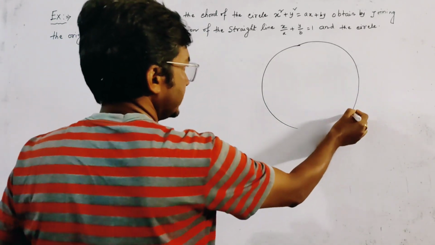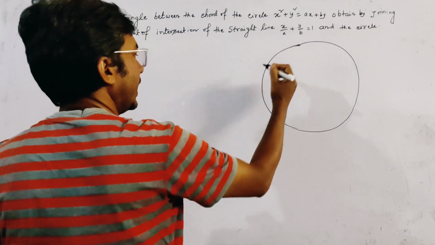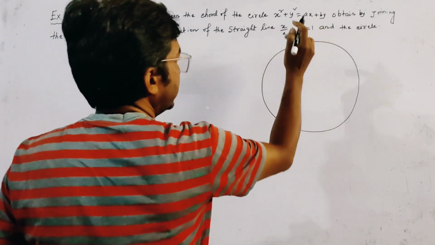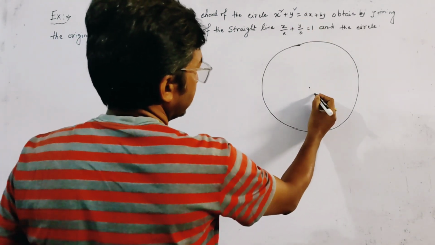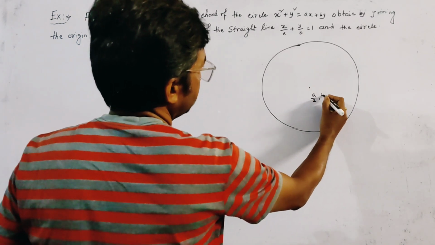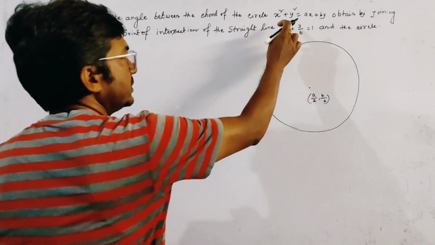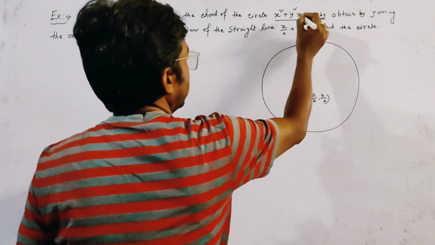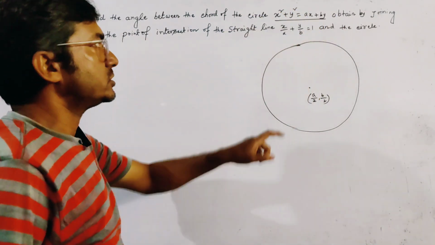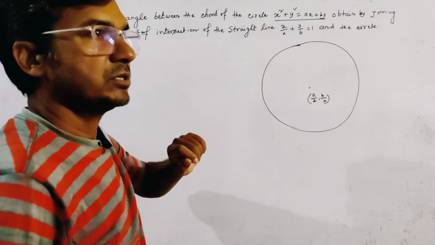It is clear that this is the circle and the center is at a by 2 comma b by 2, and this circle must pass through the origin because 0 0 satisfies the equation.